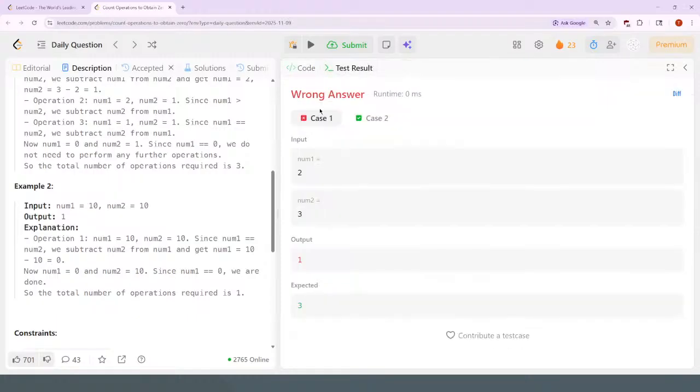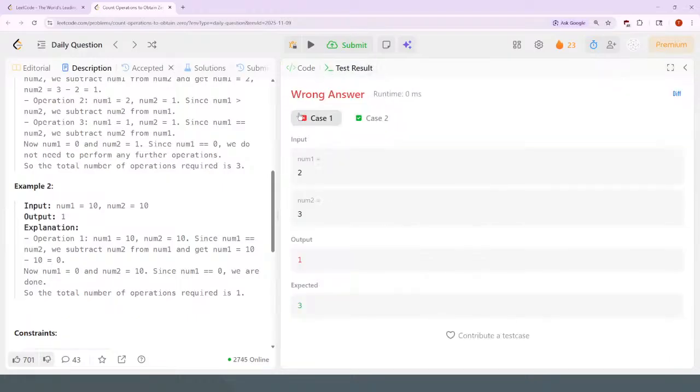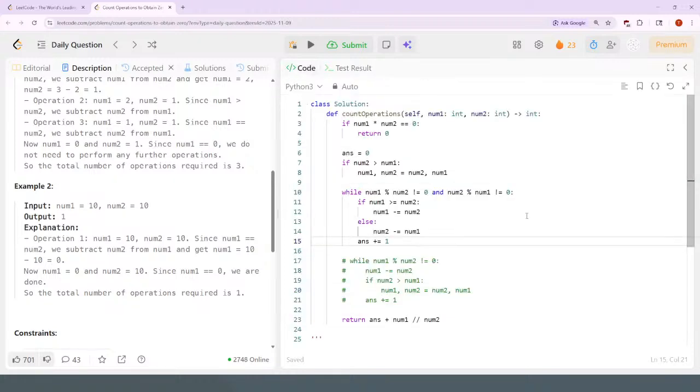It's not doing it correctly. 2, 3. 2, 3. And the answer it gives is 1, 2, 3.